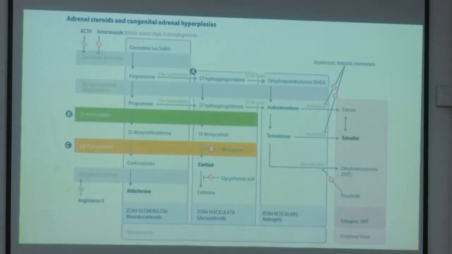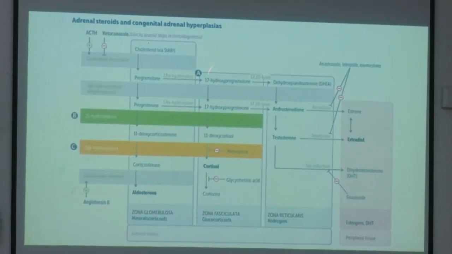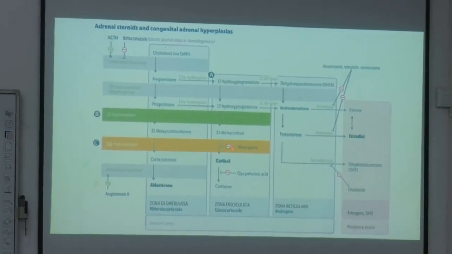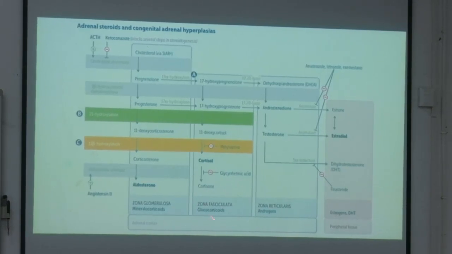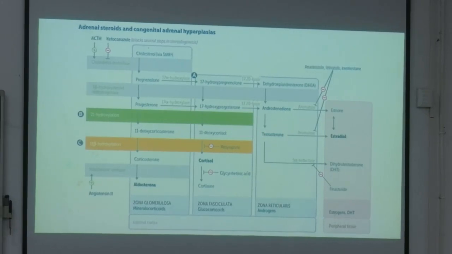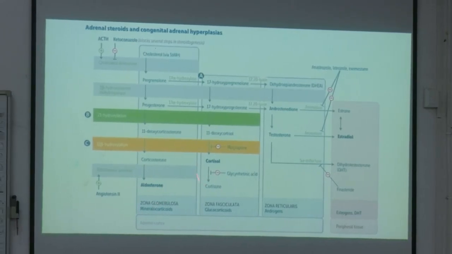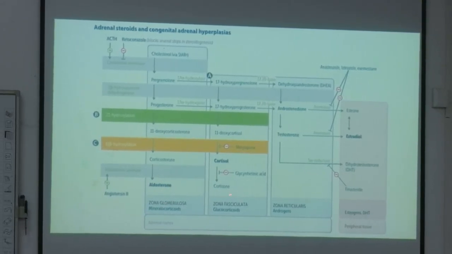Now what is happening at the level of zona fasciculata? 17 alpha hydroxy pregnenolone to 17 alpha hydroxy progesterone to 11 deoxycortisol, cortisol and cortisone. This is happening in fasciculata, and in reticularis it is DHEA, androstenedione and testosterone, right? So the final product is aldosterone in zona glomerulosa, final product is cortisol, which can be converted into cortisone.